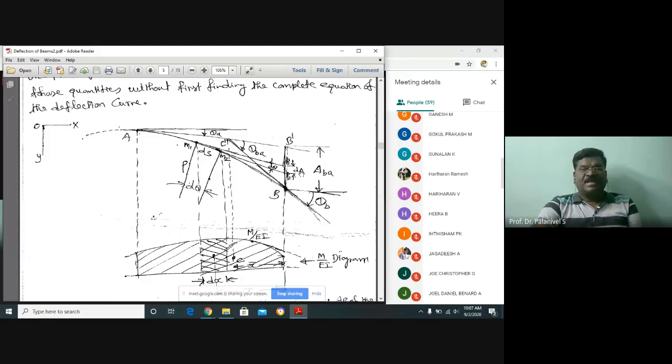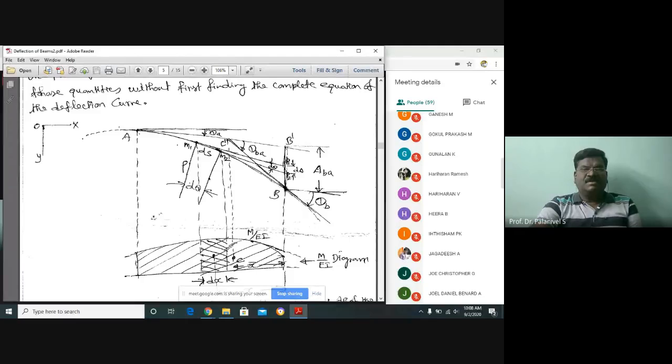Next, the vertical offset of point B from the tangent at A, I termed it as del B. It is called vertical offset. This is the tangent at A. Then we have termed this same point as B dash. This vertical offset is del B.